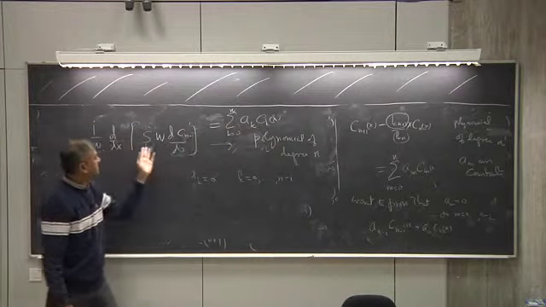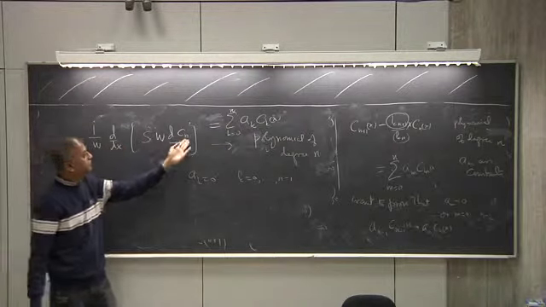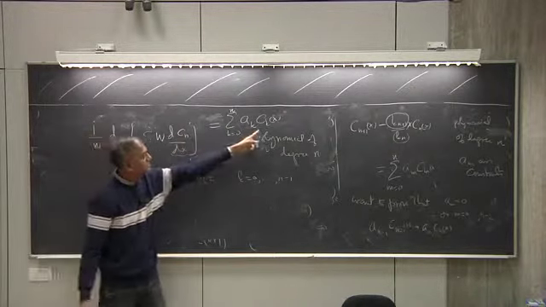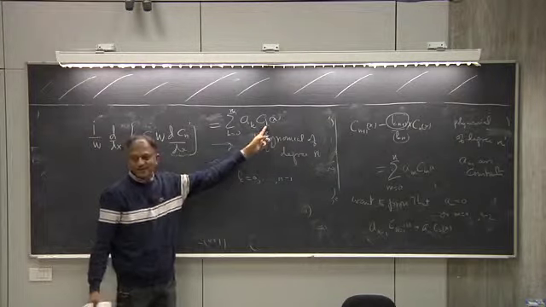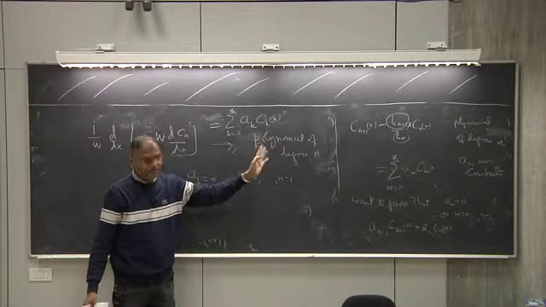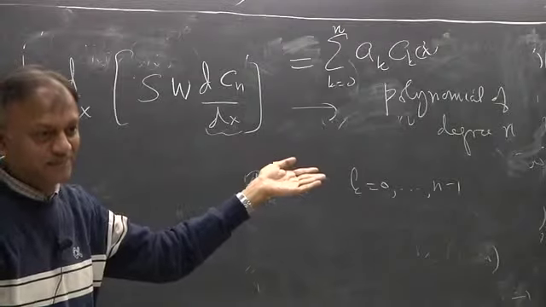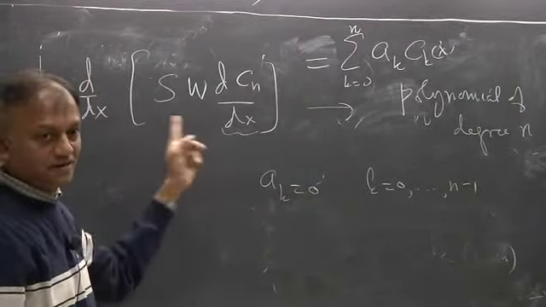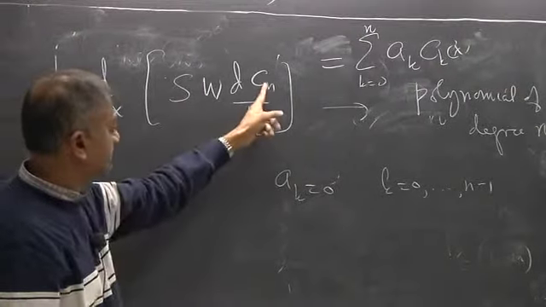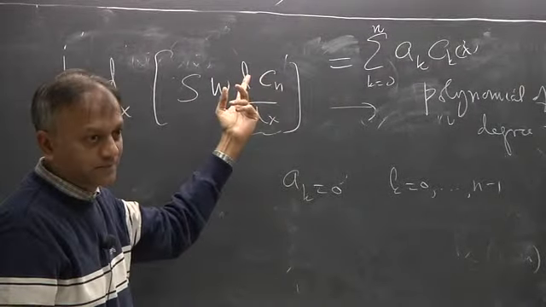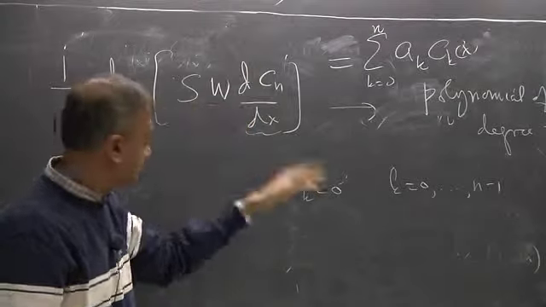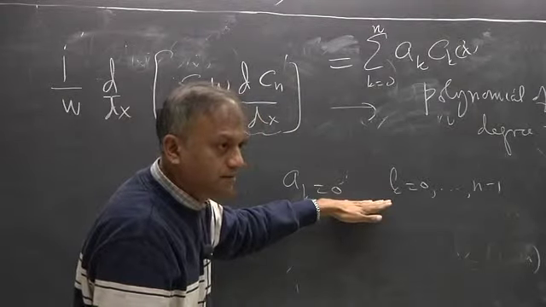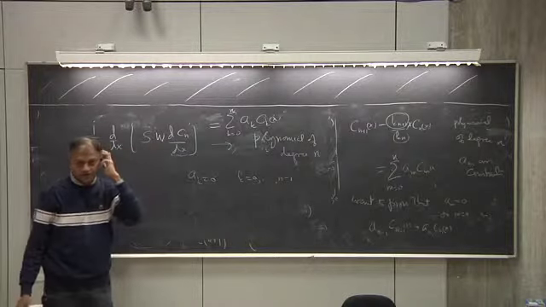That means this is a differential equation on C_n, because on the right hand side also is a constant times C_n. That's the only thing which appears. And it will be what order? Second order differential equation, because the maximum number of derivatives acting on C_n is 2 derivatives. So if you can show this, then we have obtained a second order differential equation for the C_n.